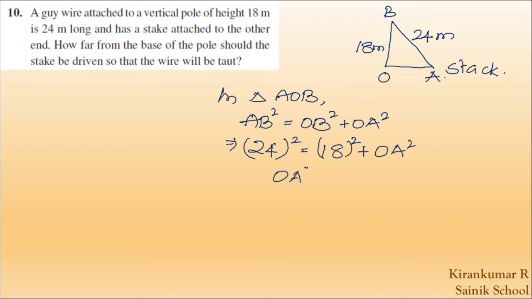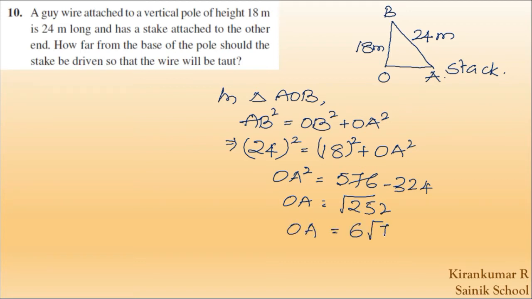So we can find OA square as 576 minus 324. So OA will be under root 252. We get the length of OA as 6 root 7 meters. Therefore, the distance of the stake from the base of the pole is 6 root 7 meters.